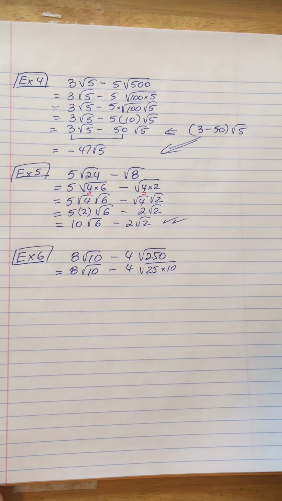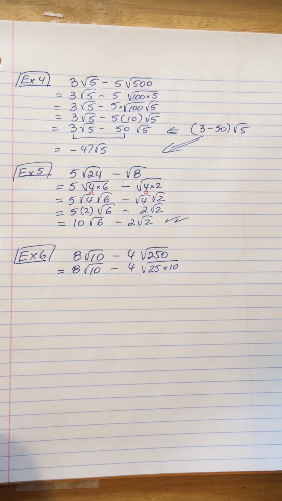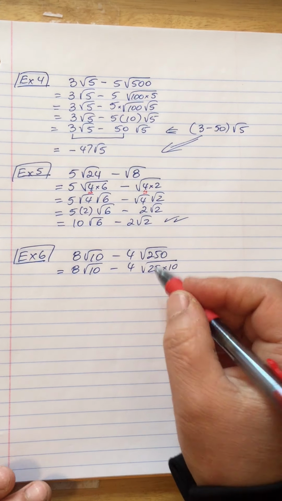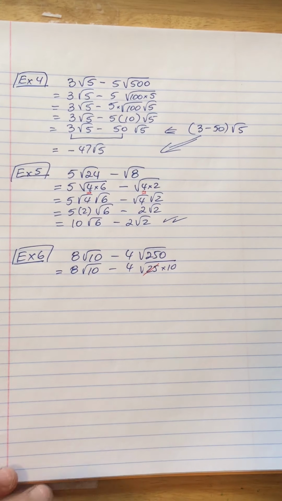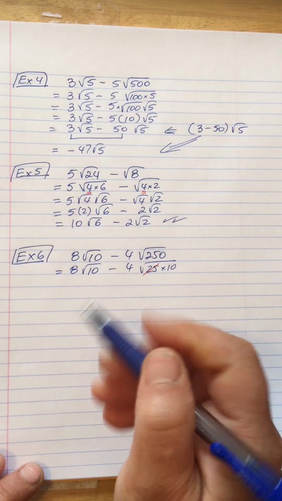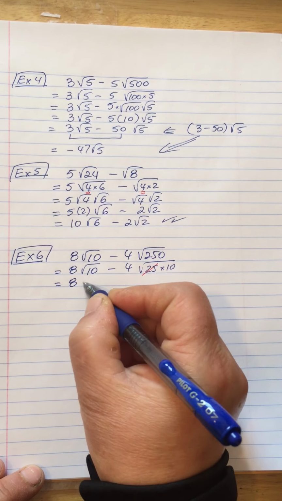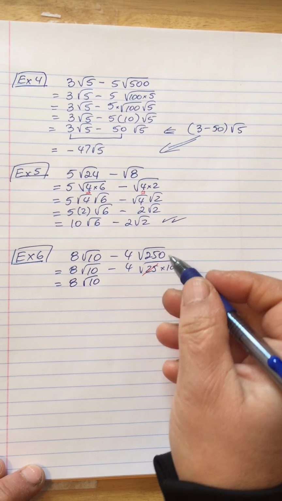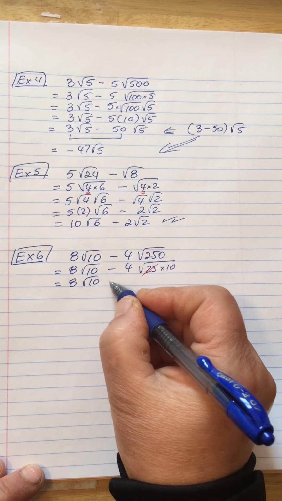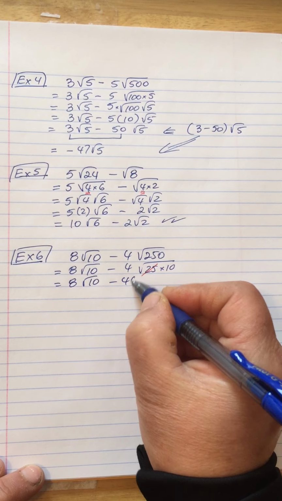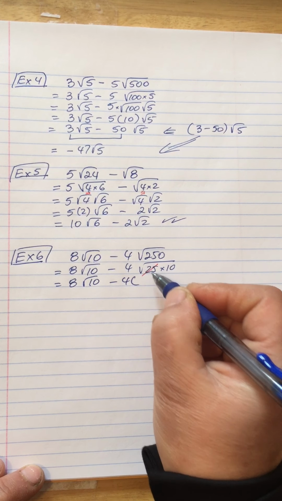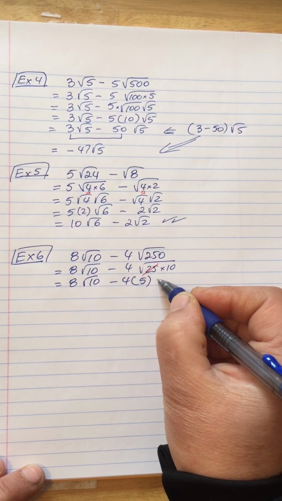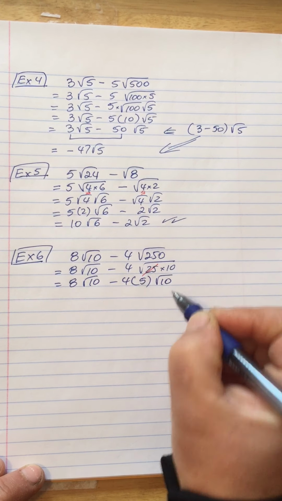Now I will go a little bit quickly here. I will not separate, but directly I will send this out. You know the procedure now, so if you do this, you are correct. So minus 4, don't forget, multiply, the square root of 25 is 5, and leave 10 inside.